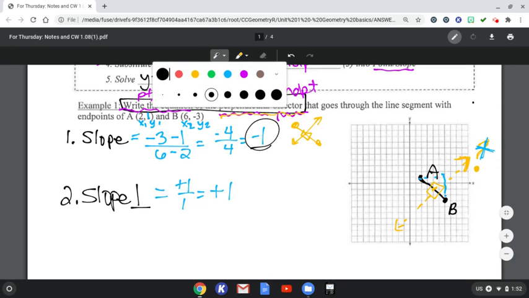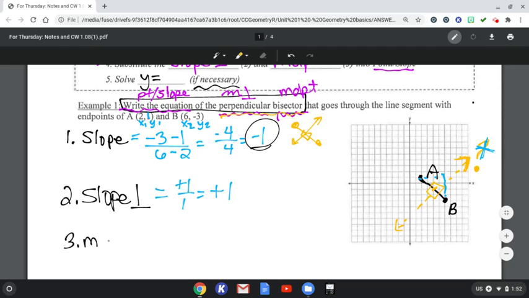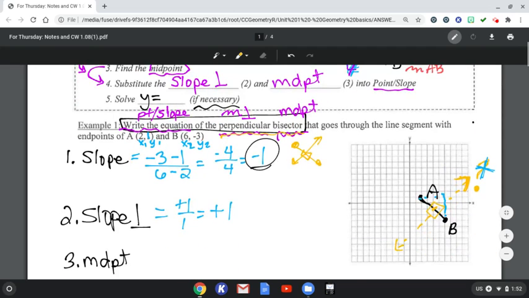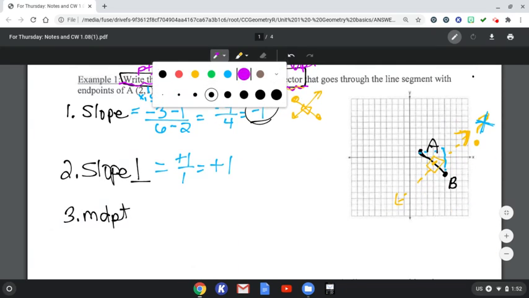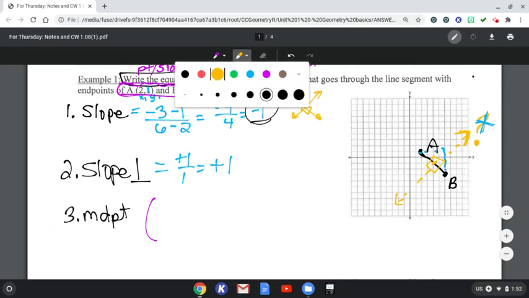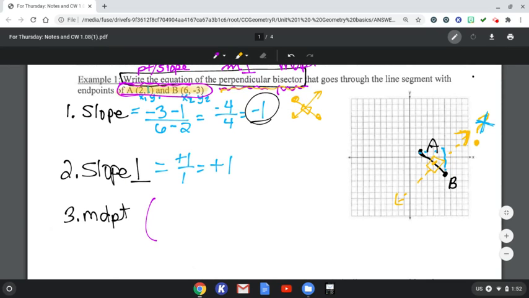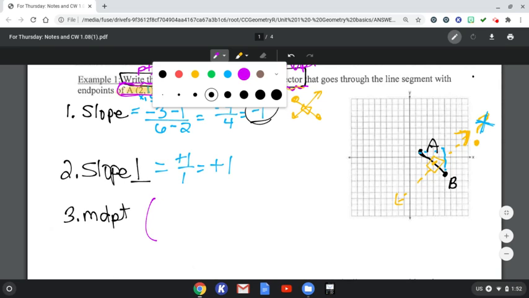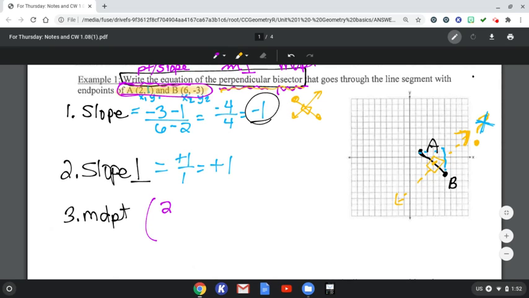Step 3 tells us to find the midpoint. So we're going to use purple. The midpoint is when we add our x's and divide by 2. I'm going back to our ordered pairs from here. If it helps to highlight them, I can. Our x values are 2 and 6, x plus x, so 2 plus 6 divided by 2.